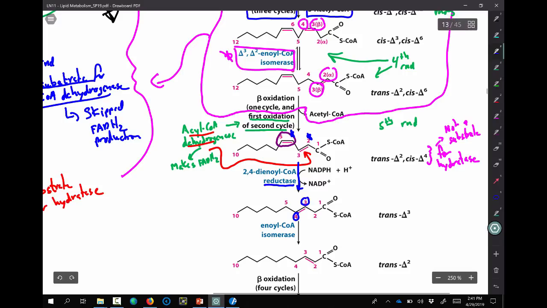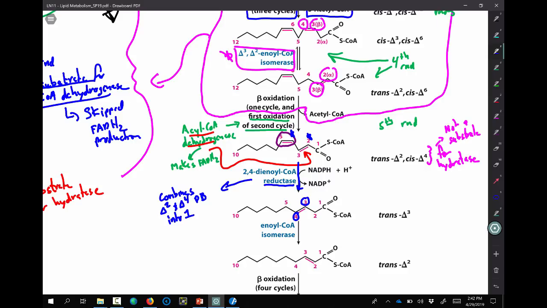So we can just say this combines delta 2 and delta 4 double bonds into 1. And that one is sitting right here now. This guy right here is the trans delta 3.